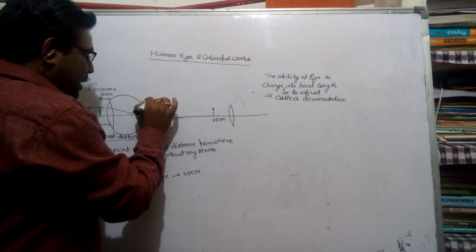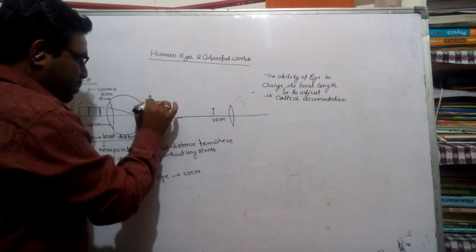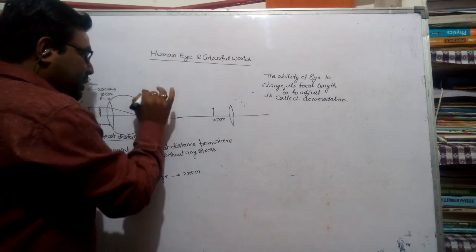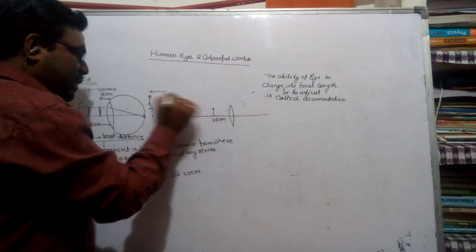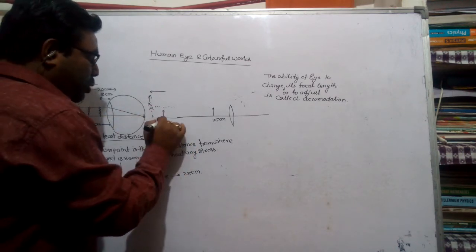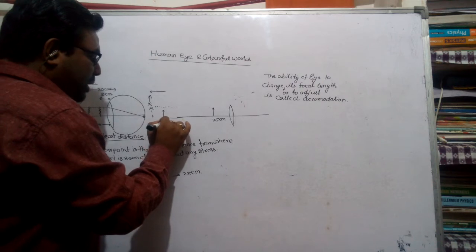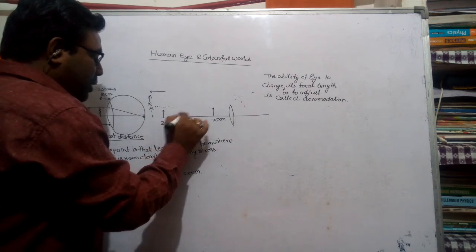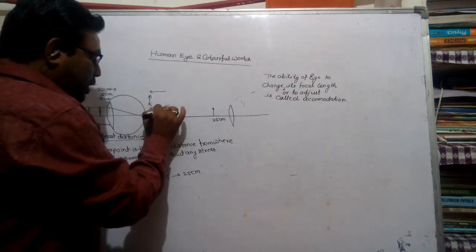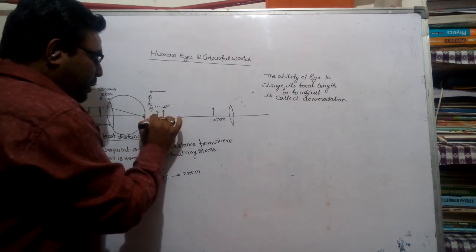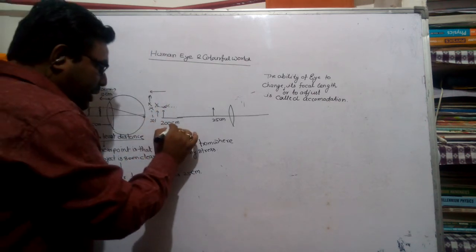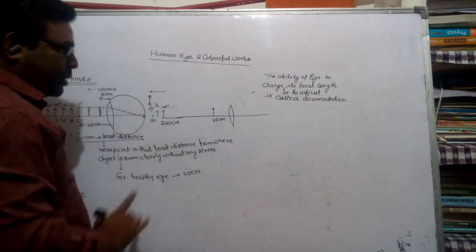This is the point up to which we can see clearly, and after this point we can't see. Suppose this distance is 2 meter or 200 centimeter. Up to 200 centimeter we can see clearly, but after 200 centimeter, means 201 or 202, it is not seen. So 200 centimeter is the far point.